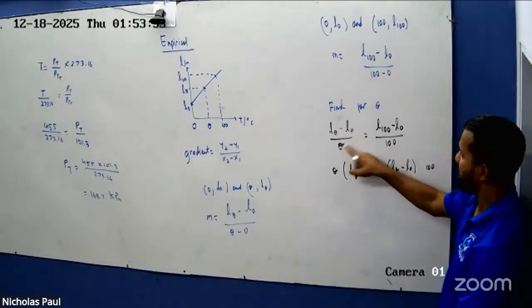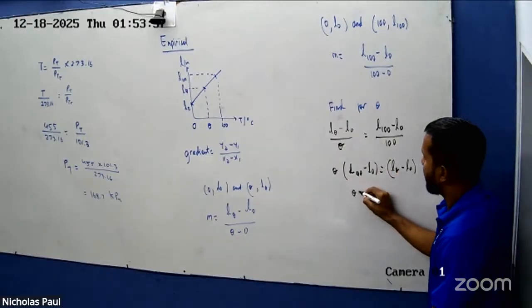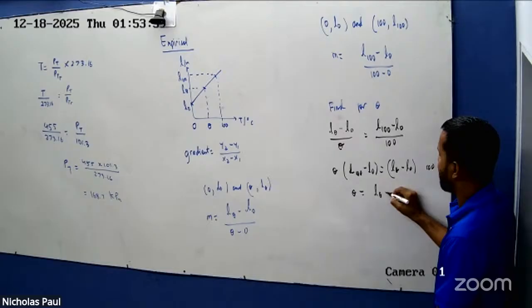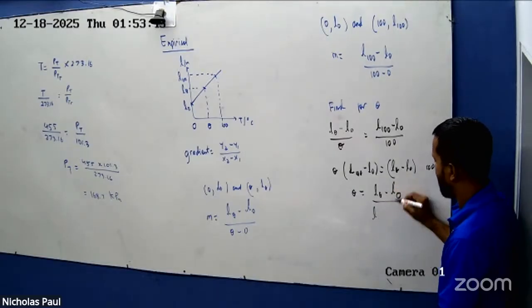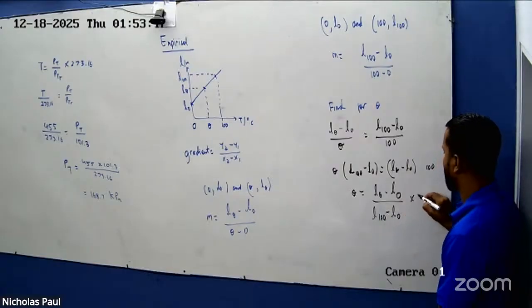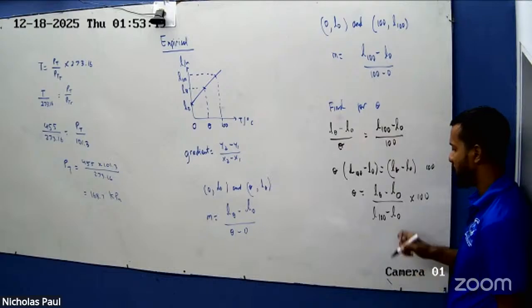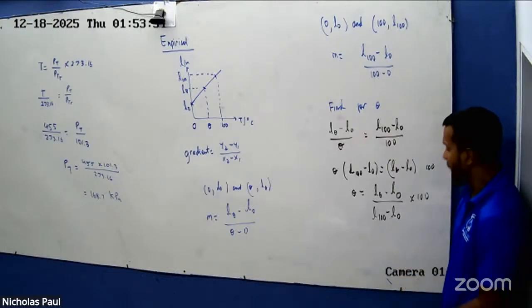So theta is L theta minus L0 all over L100 minus L0 by 100. This is your empirical formula.